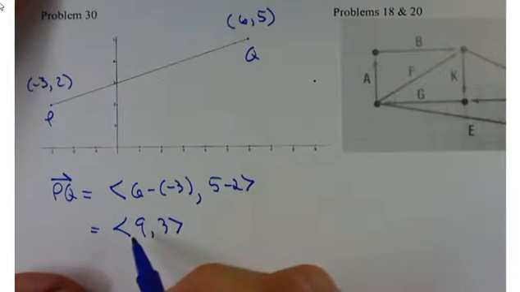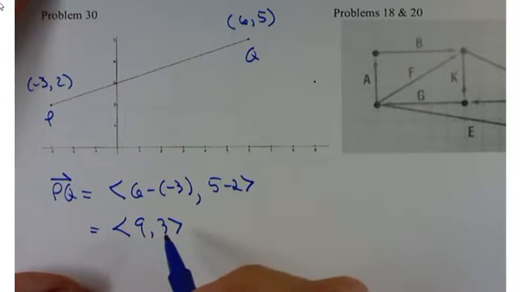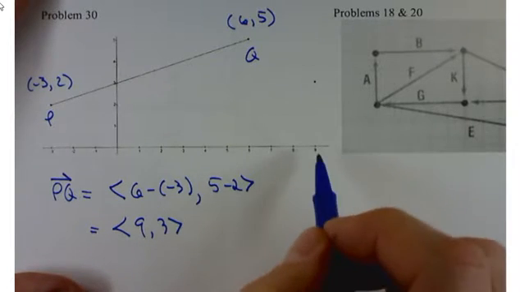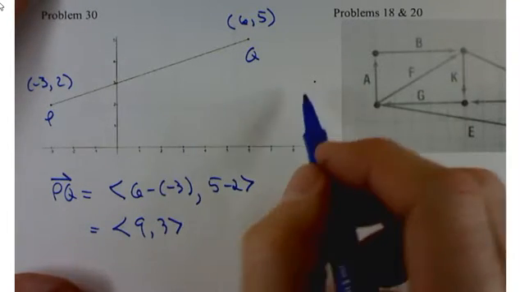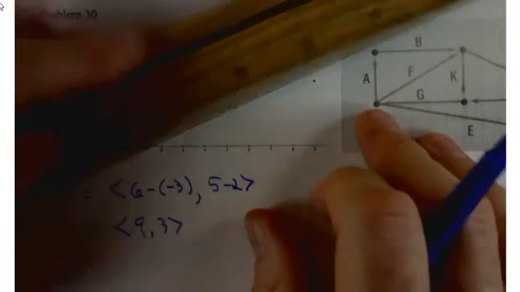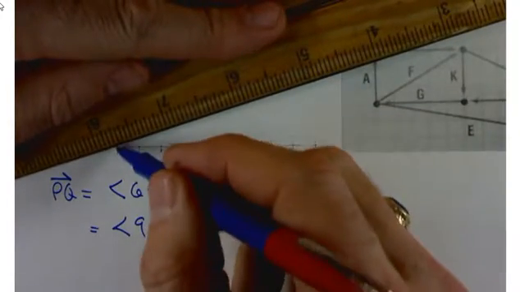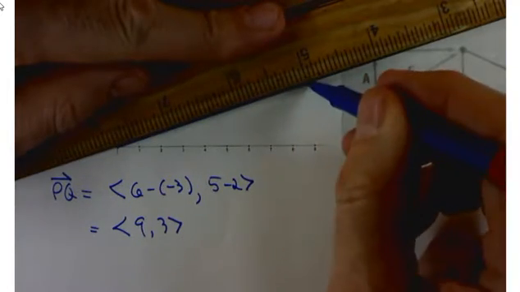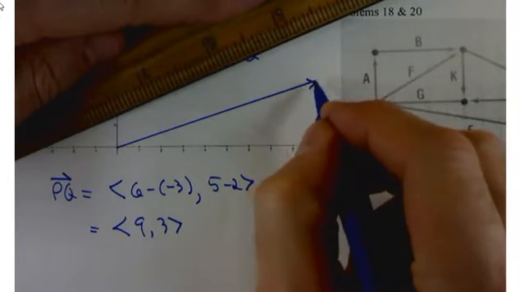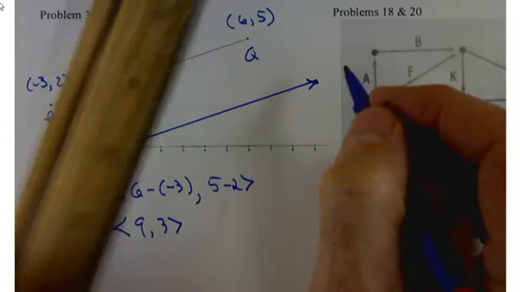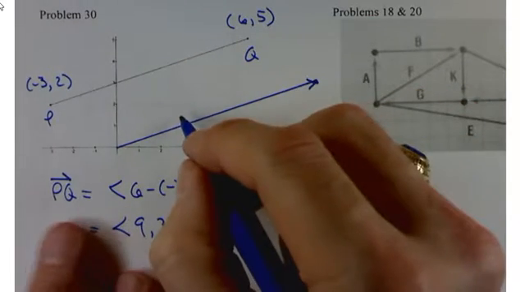But let's draw this. 9 and 3. So 9 is out here, up 3. In fact, it's already partially drawn for you. The only thing left then is to sketch in the actual magnitude here. Right there. And this is vector PQ.